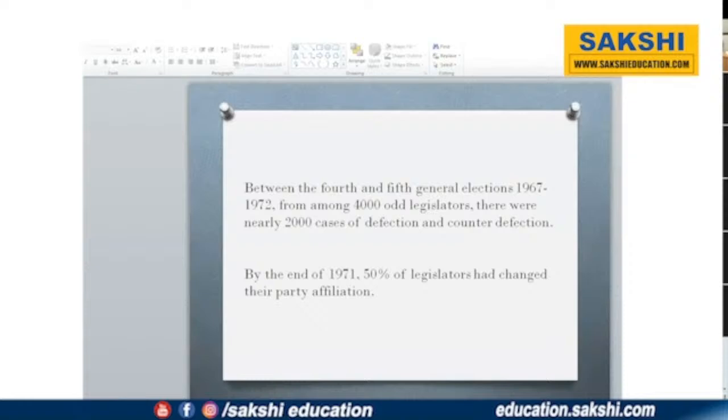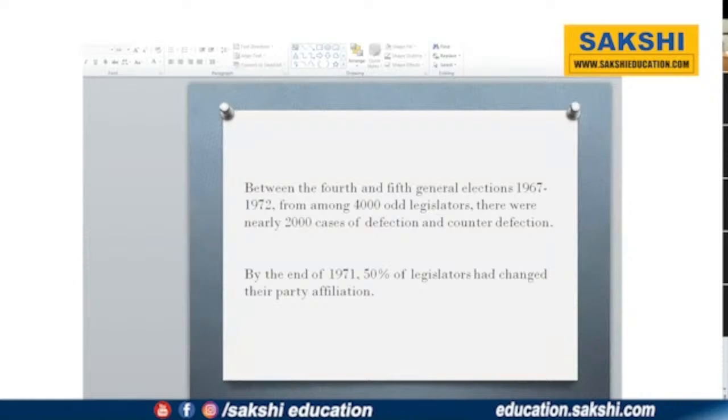As a result, the government collapsed in Bihar. The dissatisfied rebel MLAs went to the other side, got divided from the government, and formed the Soshit Dal.